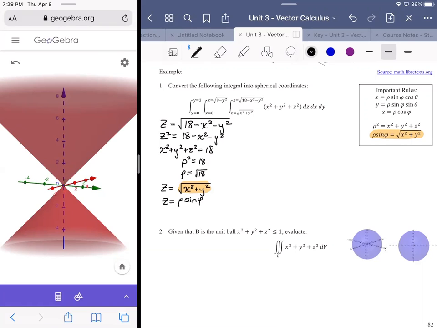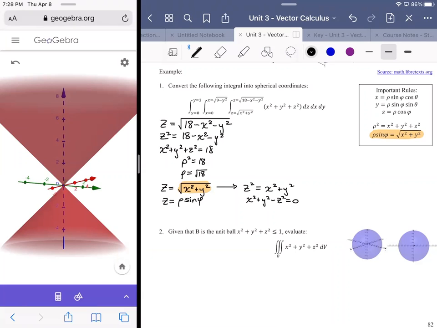Another thing you could do is take this and square both sides. z squared is equal to x squared plus y squared, and get everything over to the same side, and you'd have x squared plus y squared minus z squared is equal to 0, which should look awfully familiar.